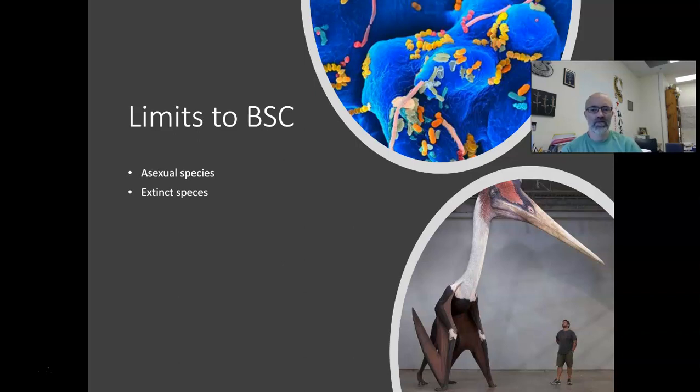So if it's about sharing genes and gene flow, then how do you deal with organisms that are asexual and don't ever exchange genes, or rarely exchange genes, such as bacteria, right?